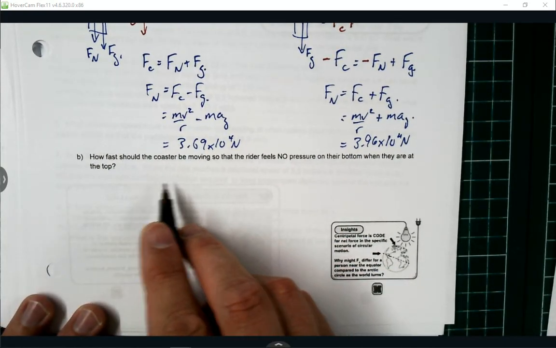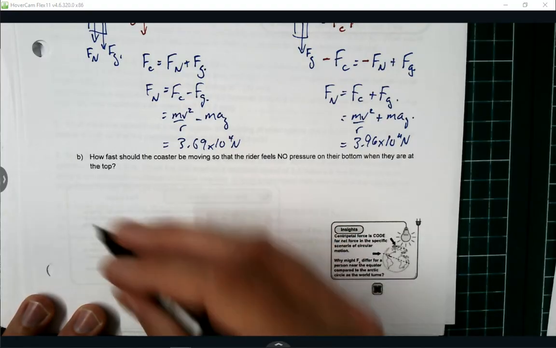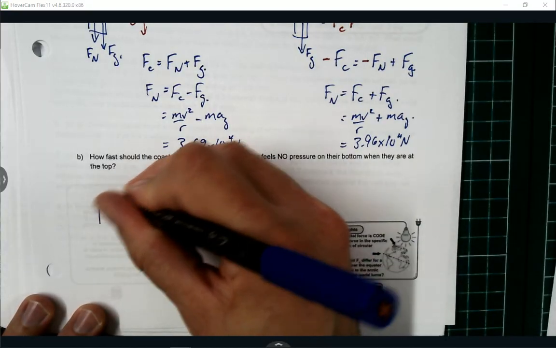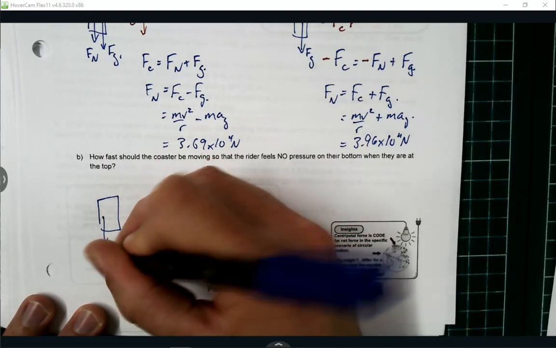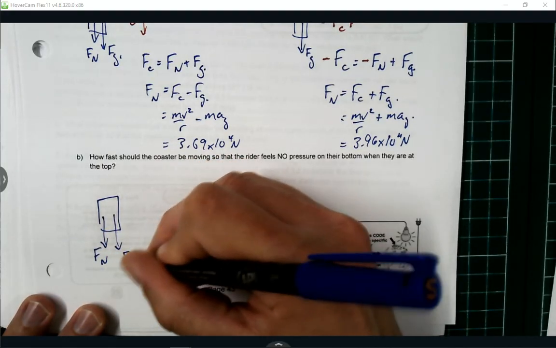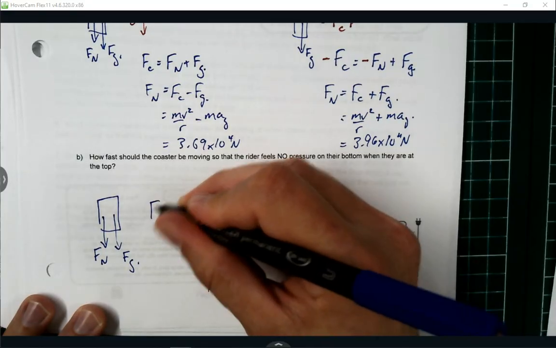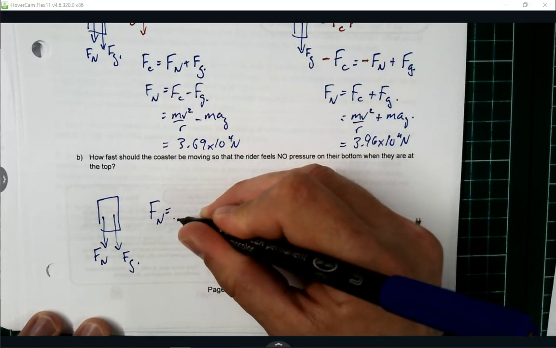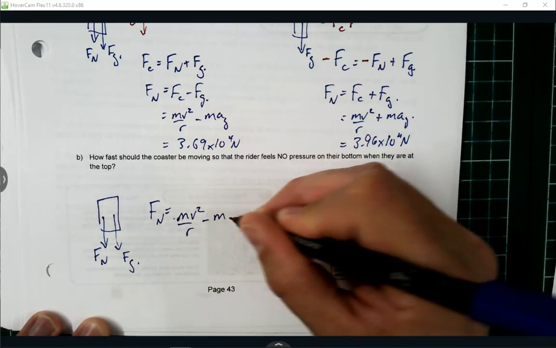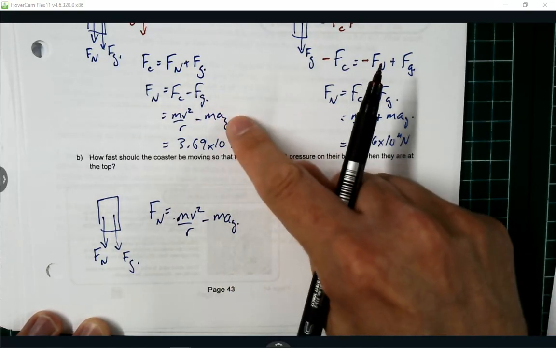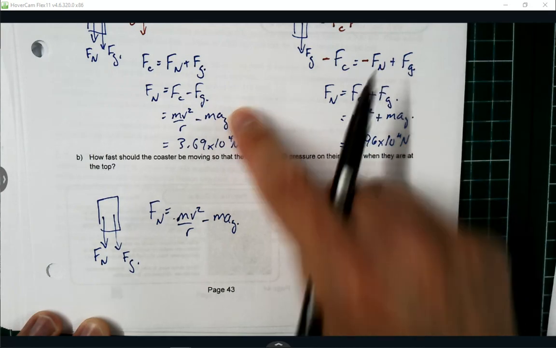How fast should the coaster be moving so that the rider feels no pressure on their bottom? Well, that would be a situation where I'm at the top of my loop. Remember, F normal, Fg. Remember the equation is F normal equals mv squared over r minus mg. I just did that up above right here at the top of the loop.